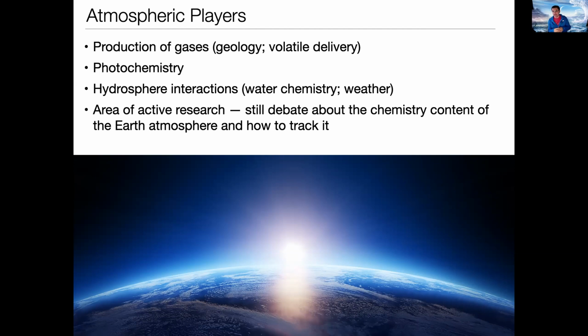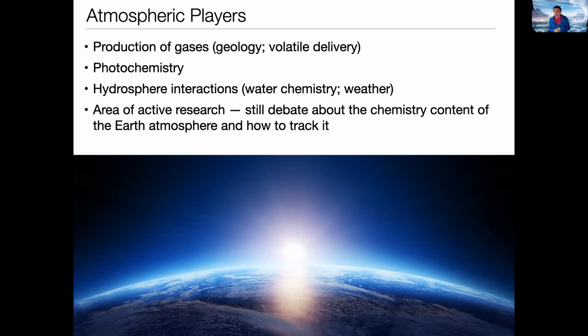Photochemistry, the interaction of the proto-atmosphere with light, with energy from the sun, plays a very important role in the evolution of the atmosphere and how the atmosphere changes over time. That is still true today. Those of you who know a little bit about atmospheric chemistry will remember that the ozone layer, which is above our heads, absorbs ultraviolet light.